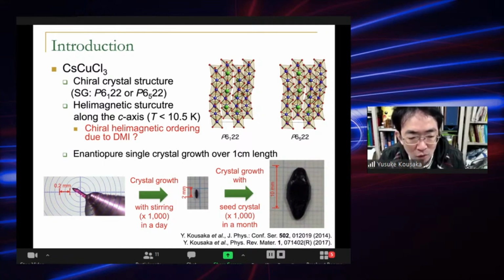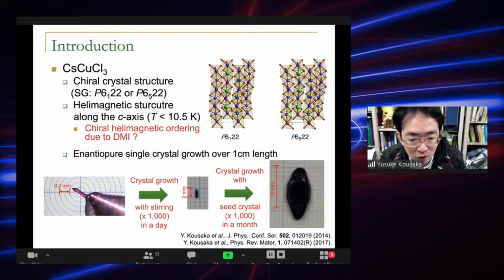In the case of normal crystallization techniques, a single crystal specimen includes right-handed and left-handed chiral crystal domains at 50-50. So in this case, it was very difficult to investigate this experimentally.